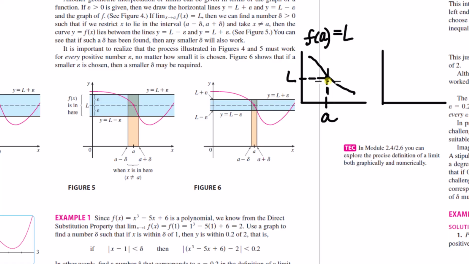Or we would see something like this. Again, we're assuming the limit exists. Here's x equals a. You would have two unbroken curves coming from either side of a. It could be going in this direction, it doesn't matter.